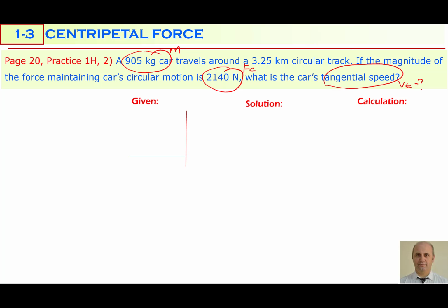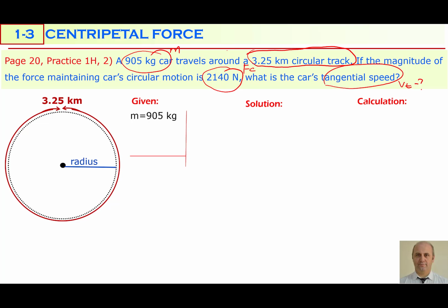Here, a general mistake is made in this description: 3.25 kilometer circular track. This is not defining the radius, and it is not defining the diameter. It's defining the length of the circular path, which is the circumference, or the arc length for one revolution.